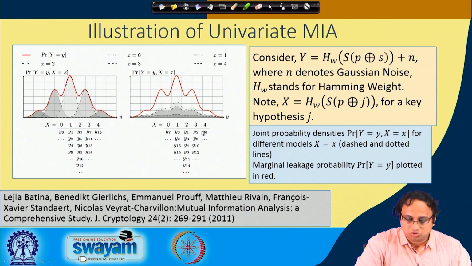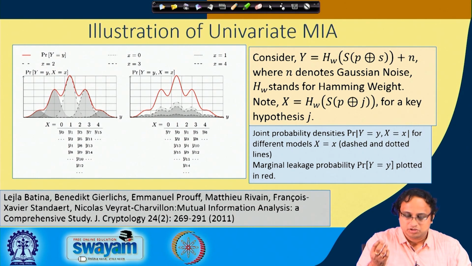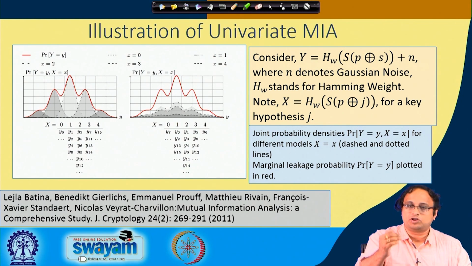For x equal to 2, in the previous case all these y values had a Hamming weight of 2. But now the number of y values which fall into the pocket will remain the same, because you are just doing an XOR. So it is basically a permutation of this value, and you will still have the same number of corresponding y values which fall into the pocket of x.